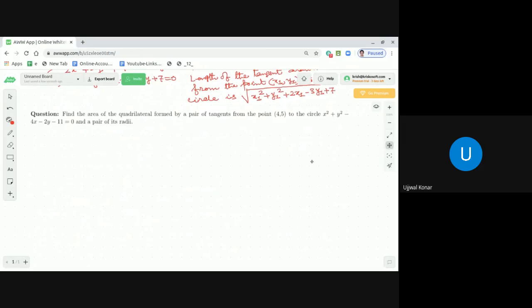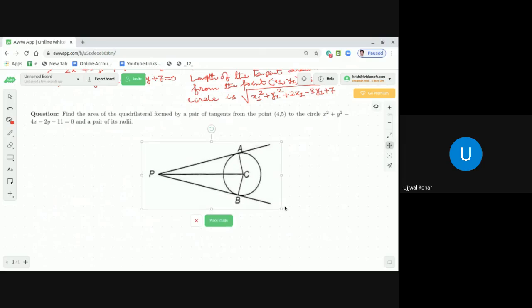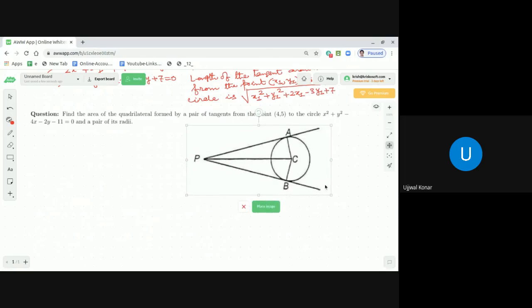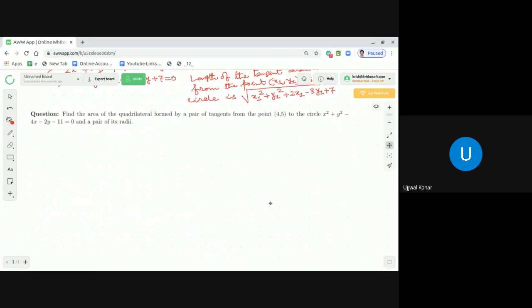Let's first give a visual representation of this problem, dear students. The circle is the one given, x square plus y square minus 4x minus 2y minus 11 equal to 0.